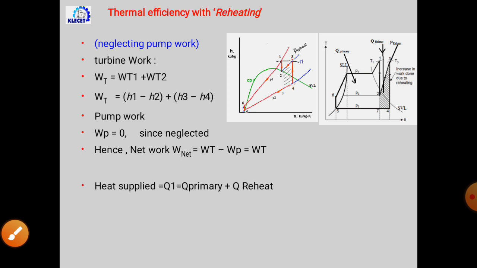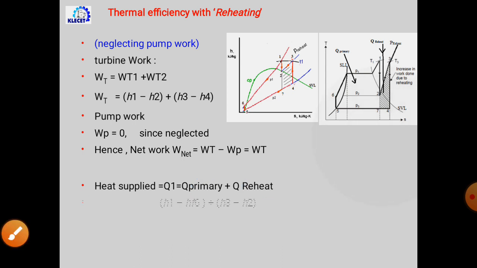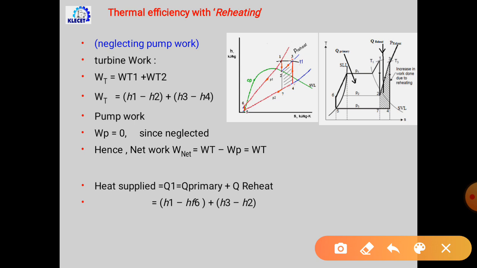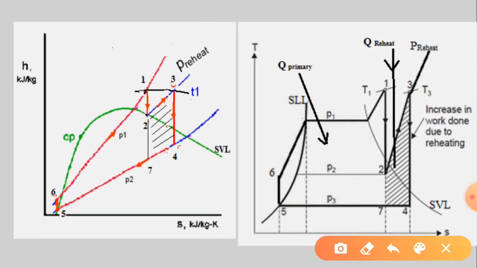Then let us discuss heat supplied in the boiler. That is Q1. Q1 is Q primary plus Q reheat, as we have understood in the schematic diagram. Let's discuss the heat supply in terms of enthalpies. First, Q primary is in the process 6 to 1.